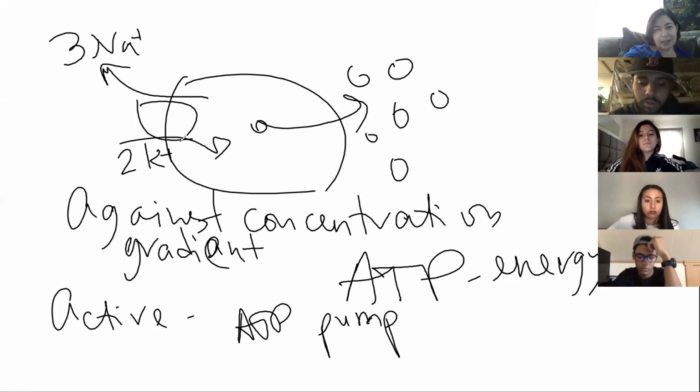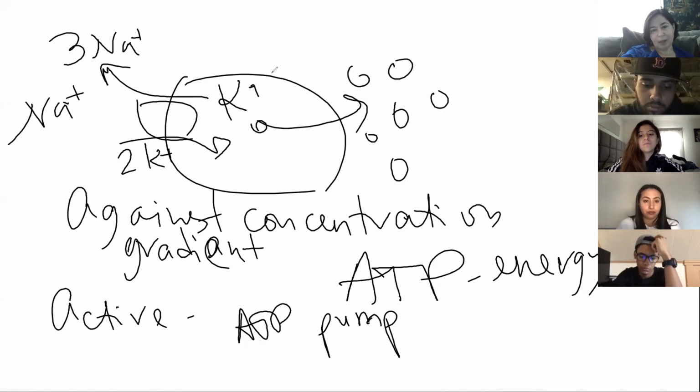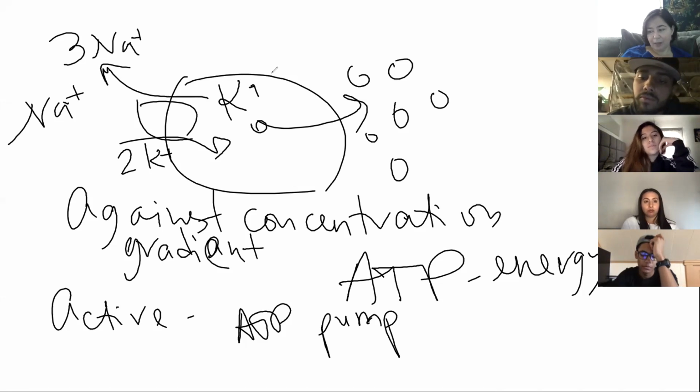Cells normally keep a lot of sodium outside and don't let it inside, and inside they keep a lot of potassium ions. So the pump moves both of them against their concentration gradient. You don't necessarily have to pay attention to this right now. I'm not sure we're gonna return to this.